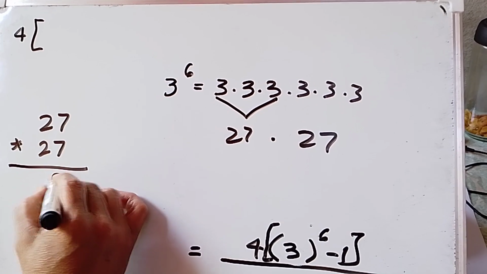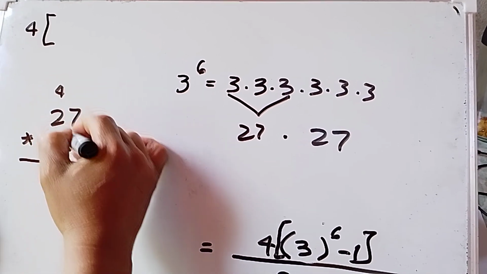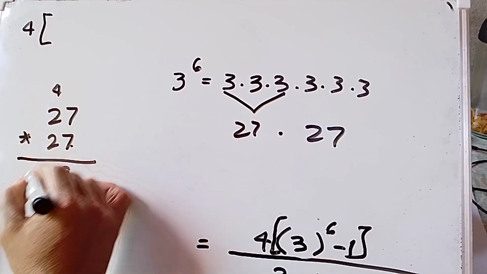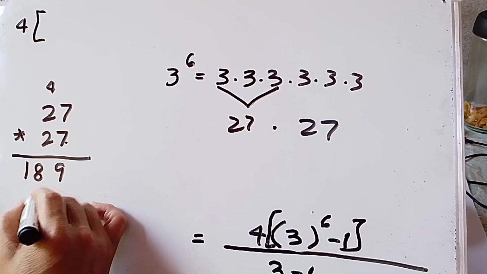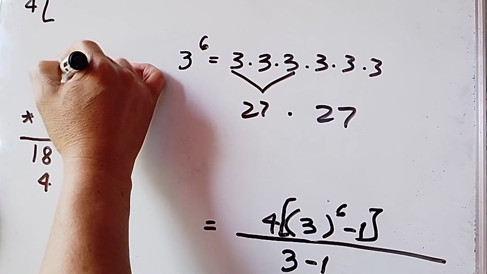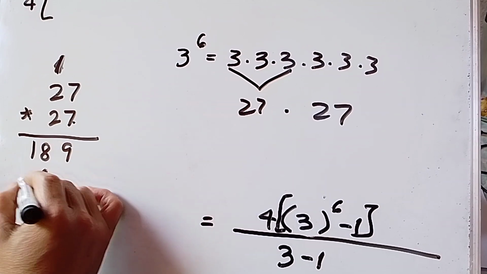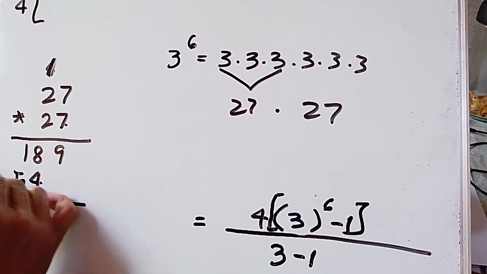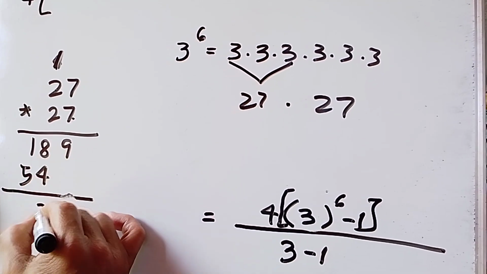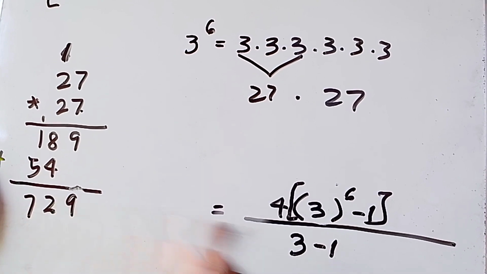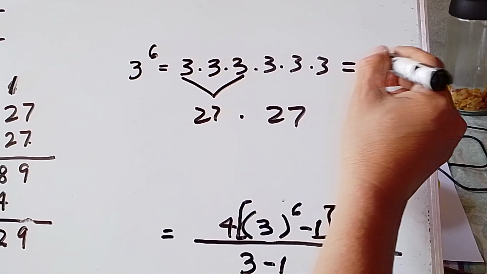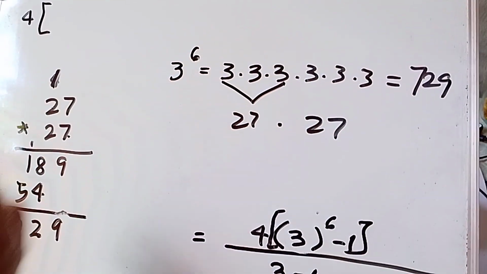This is 49. Carry 4. This is 14. Plus 4, 18. This is 14. Carry 1. 2 times 2 is 4 plus 1, 5. Sum up. Bring down 9. This is 12. Carry 1, 7. So this is 729.